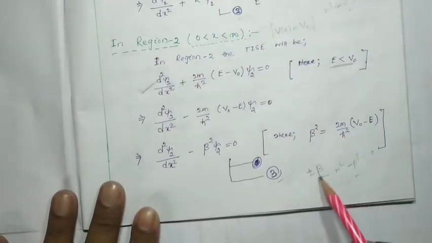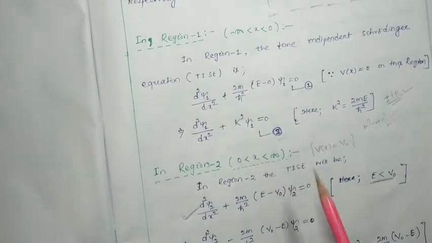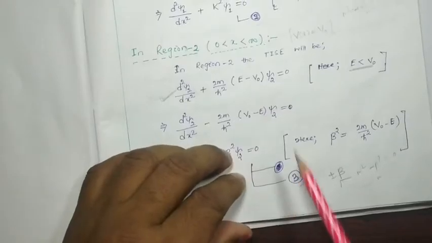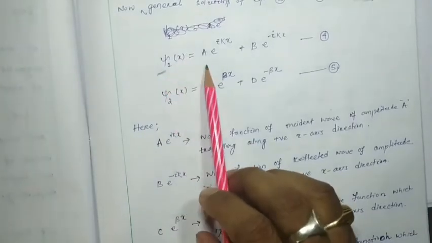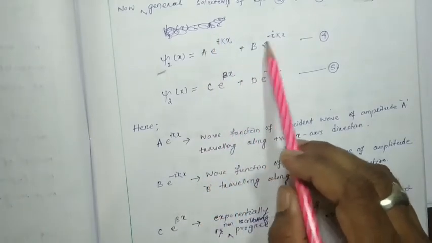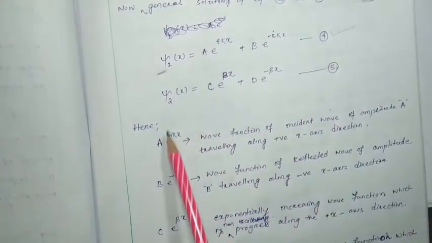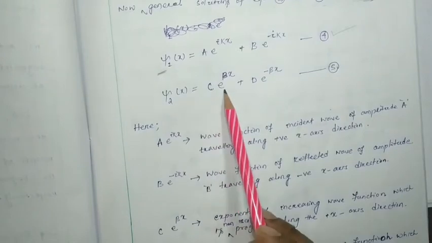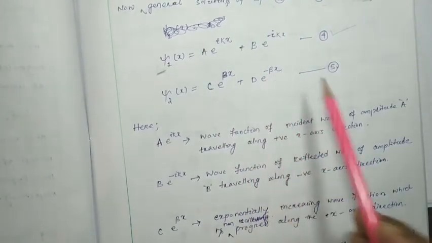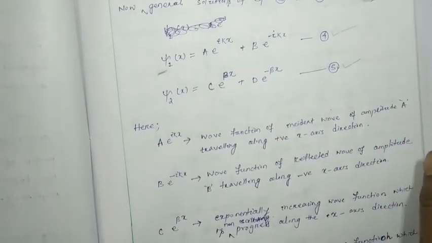So the general solution of equations 2 and 3 will be psi 1(x) equal to a e to the ikx plus b e to the minus ikx. Let it be equation number 4. Psi 2(x) will be equal to c e to the beta x plus d e to the minus beta x. Let it be equation number 5.